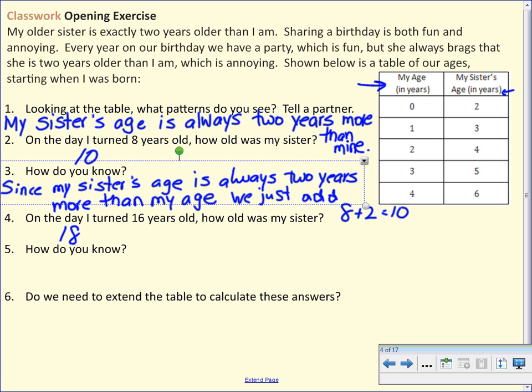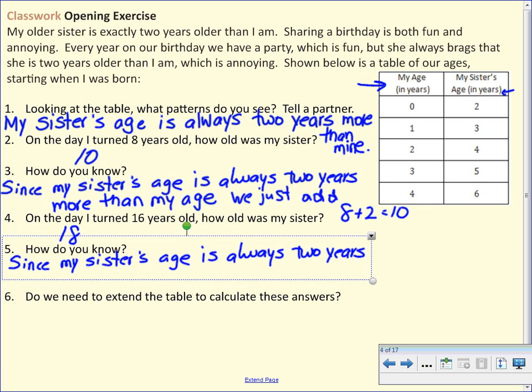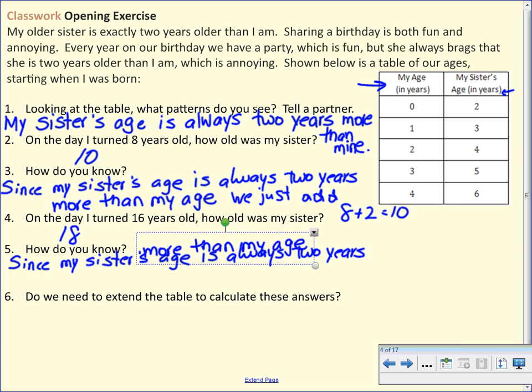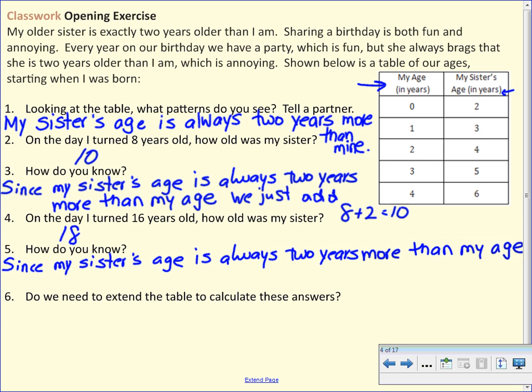Well, since my sister's age is always 2 years more than my age, we just add. So 16 plus 2 is 18.